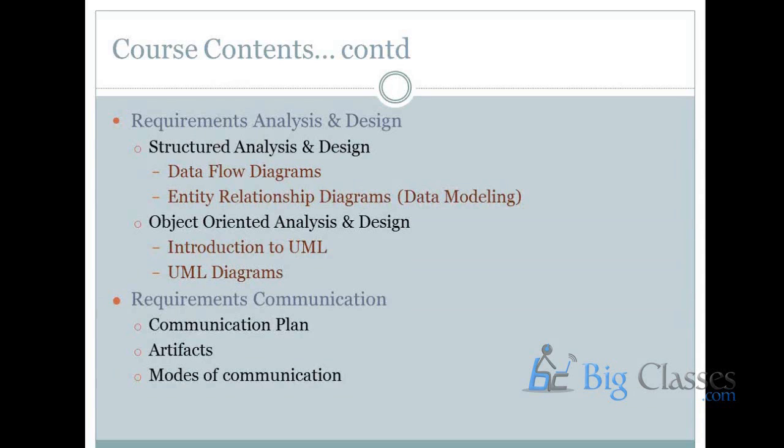You will see it to an extent, but of late, most of the projects are in object orientation, like Java or .NET, or mostly package implementations.